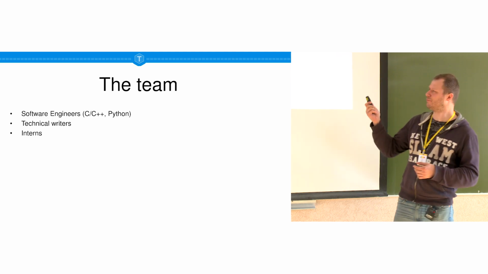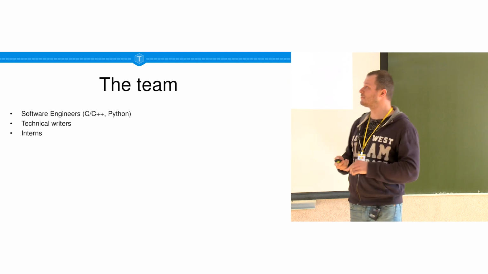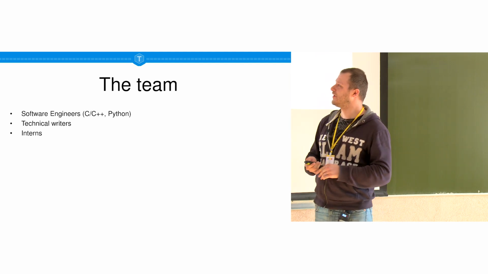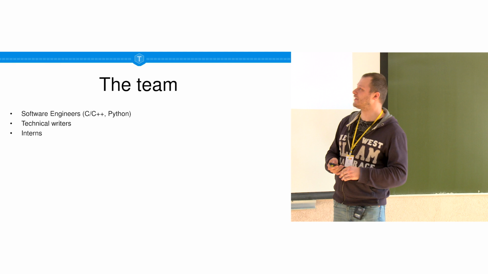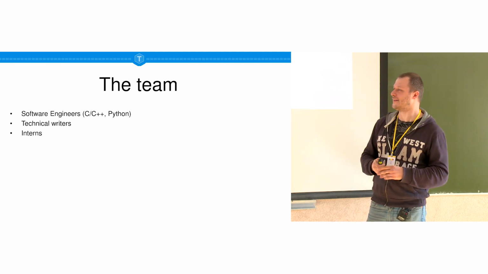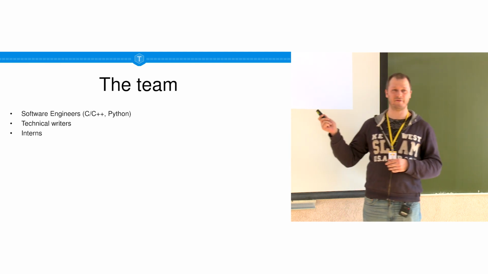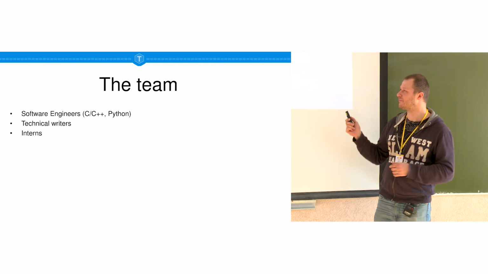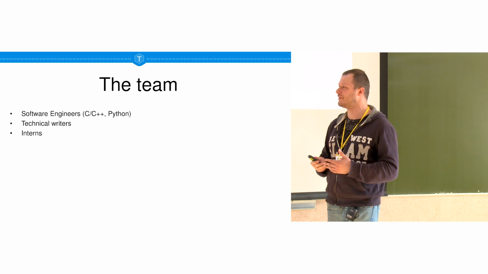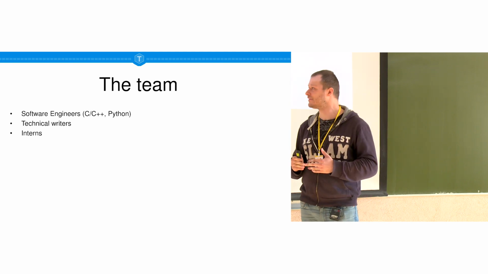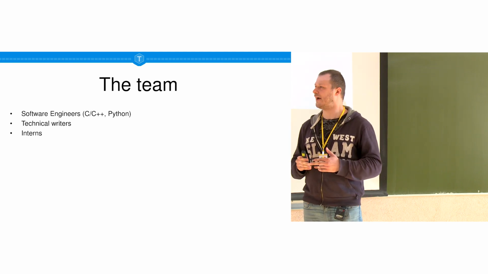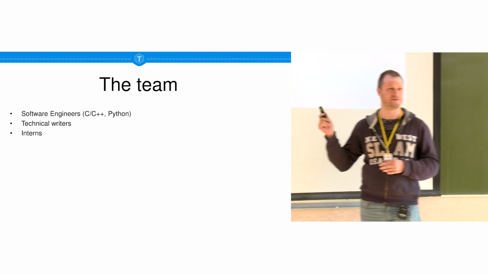A couple of words about our team. Our team is very simple: a number of software engineers. We're doing everything in C, C++. It is kind of C with a slight taste of ++. Are you using this language, C, C++?